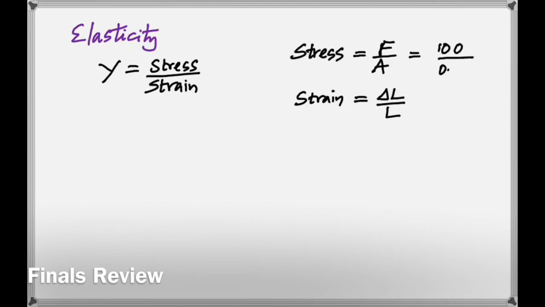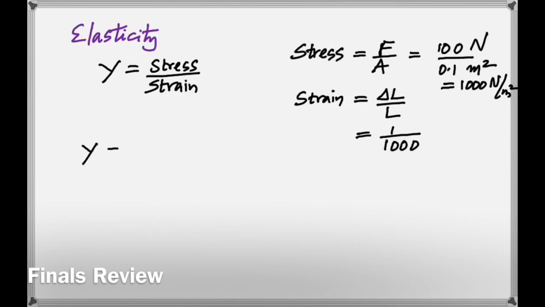So here I'm giving an example of, let's say the force is 100 newtons and the area is 0.1 meter squared, which gives you the stress of 1000 Newton per meter squared. And then the strain is, let's say, 1 by 1000, which means if the original length was 1000 millimeters, it stretches by 1 millimeter, right?